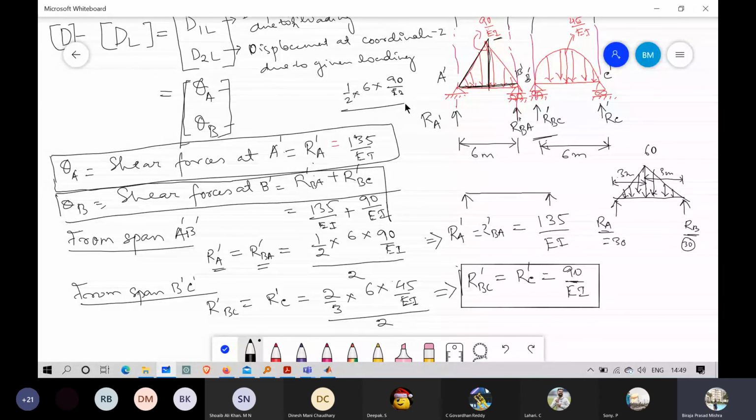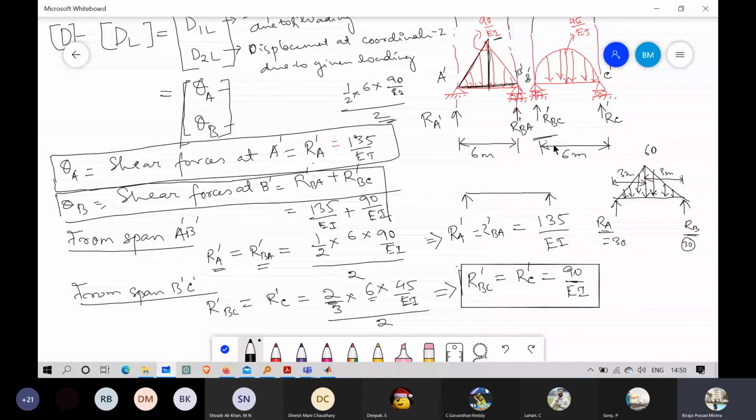So area under the curve divided by 2. For a parabola, the area is 2 by 3 into base into height, divided by 2.